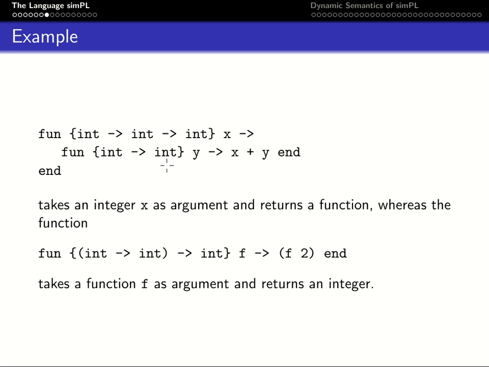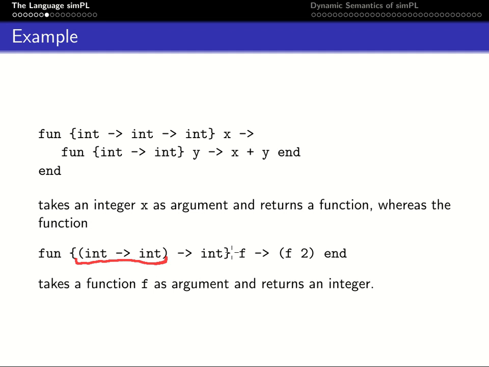Now, let's look at a second example, which is more interesting, right? So now we're going to specifically use brackets to alter the precedence of the arrows. So I'm saying that this is a function whose first argument is, what's the type of the first argument? It's a function, right? So this is the type of the first argument. I used brackets, and therefore that's my first argument. The type has to be a function.